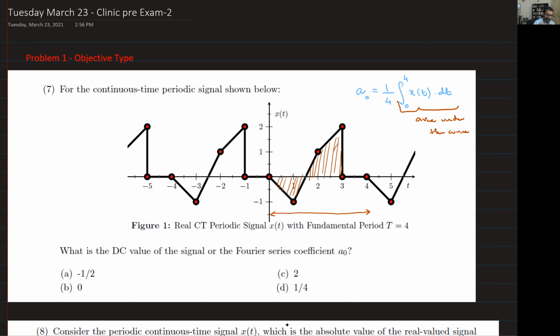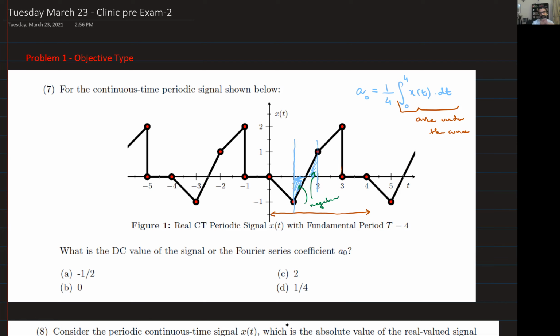You see, if I just compute the area under this thing here and this thing here, these add up to 0 because of symmetry. Is that clear to everybody? This area here and this area here are negatives of each other.